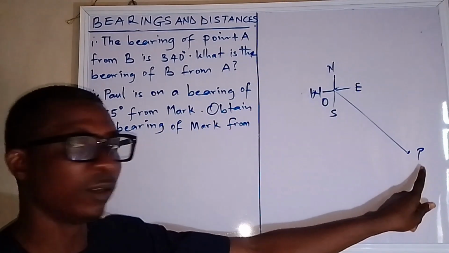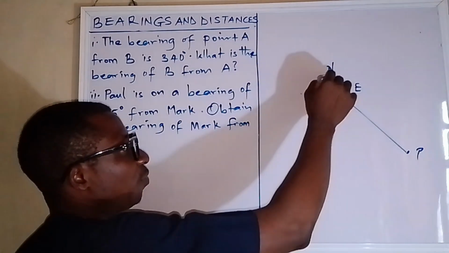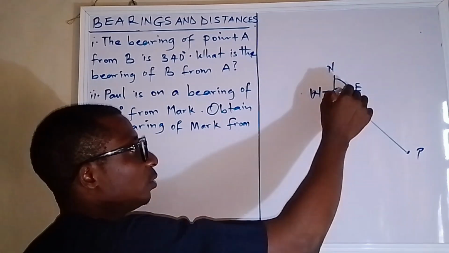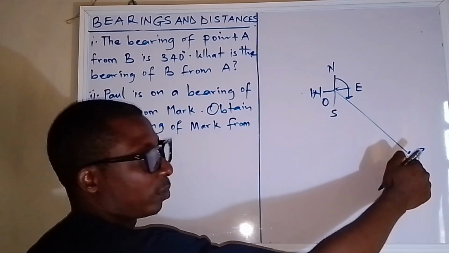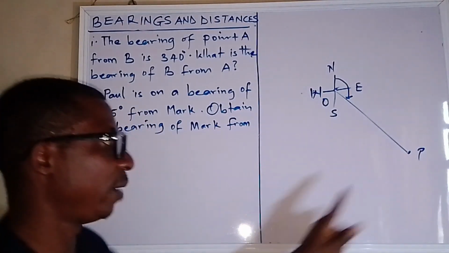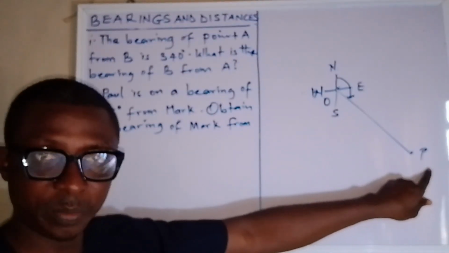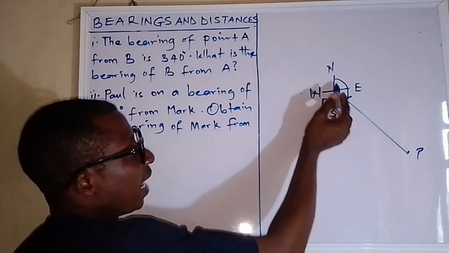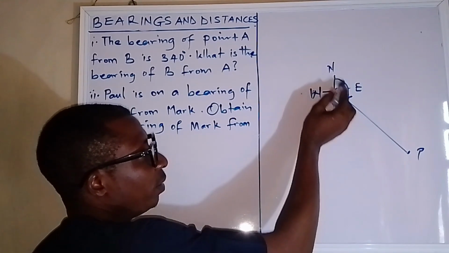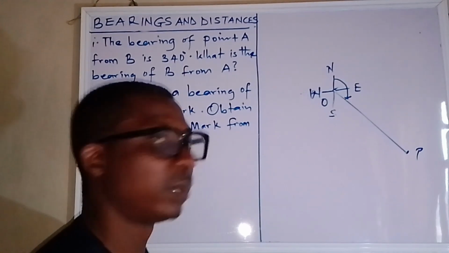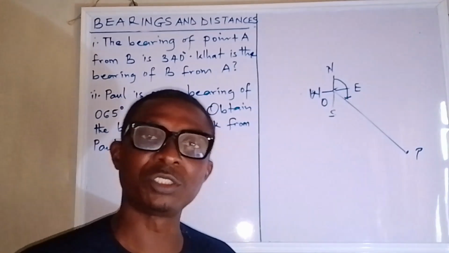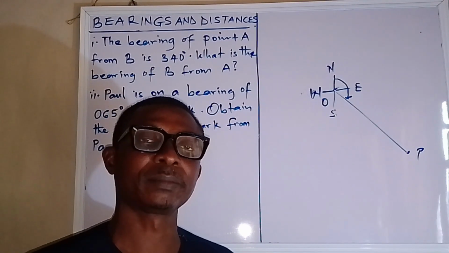Now, the bearing of this is just the angle from the North Pole down to this line OP, because this is the point that we are to determine the bearing of. Okay, so the angle made with the North Pole, right? So that is all about the definition of bearing.